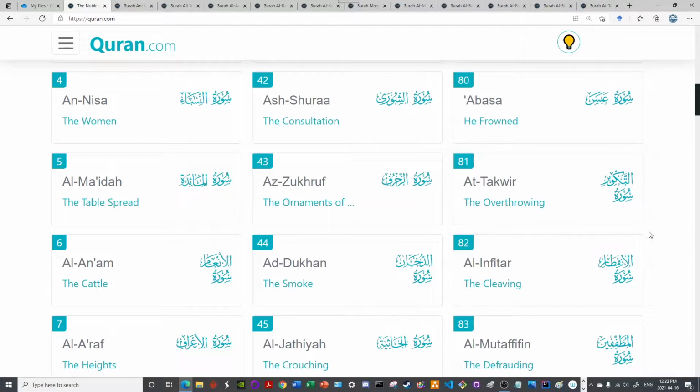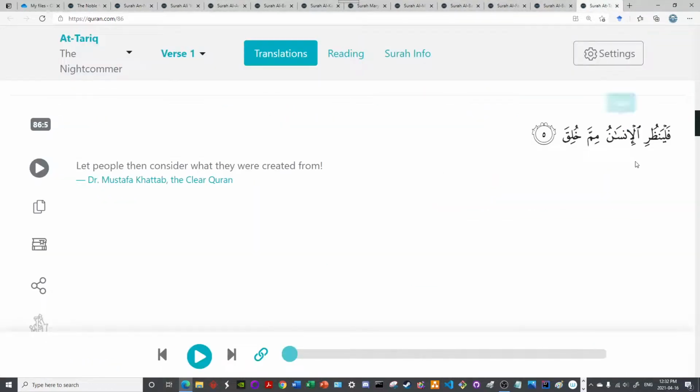At-Takwir, the overthrowing. I do not think this is a correct translation for the word takwir. But yeah, those chapters give indication to what you can expect when the earth is destroyed at the end times. Well, assuming we all live till that day. I may not be alive to witness it.